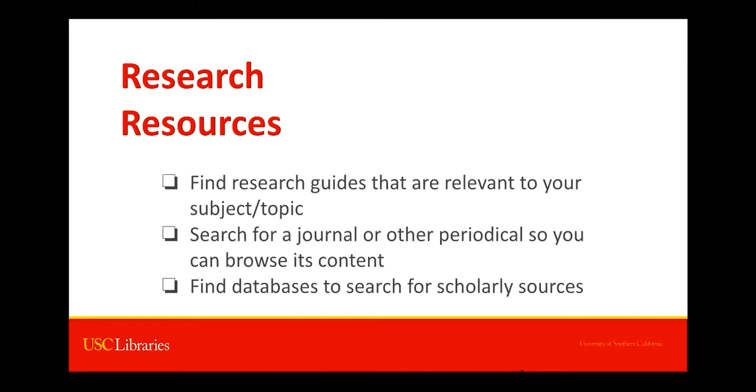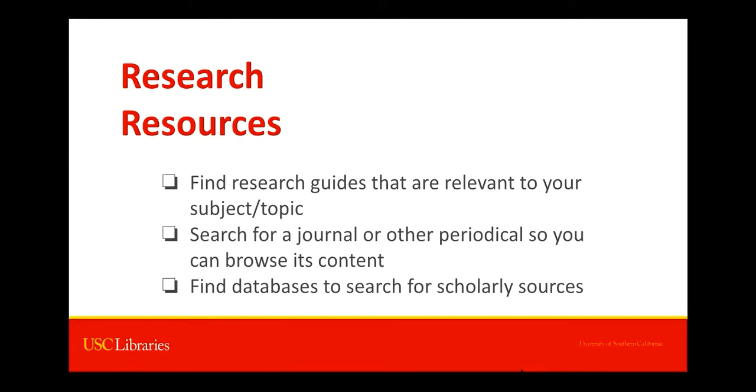These are resources that are going to help you find scholarly sources, primarily, but basically the resources and sources you'll need for your assignments and for your library research. I'm going to go over how to find research guides, which are library guides specific to a topic, a subject or a school.